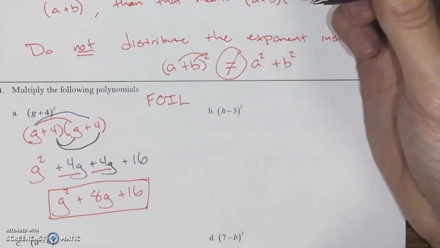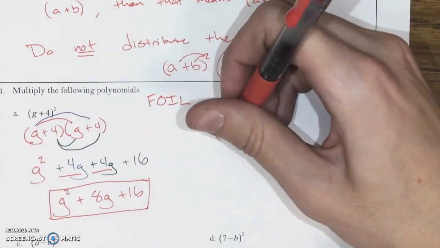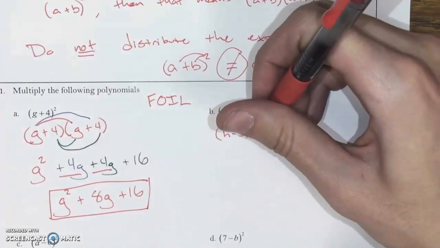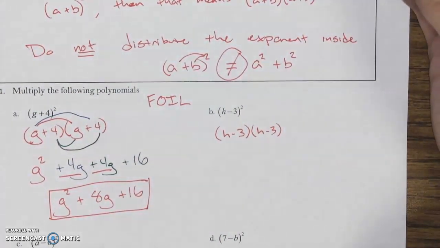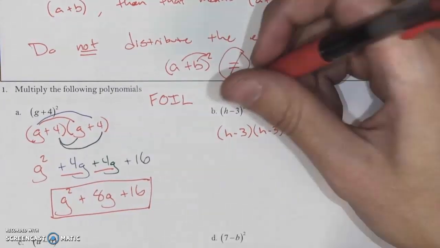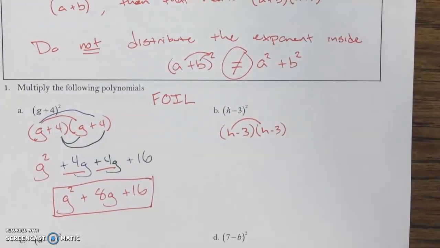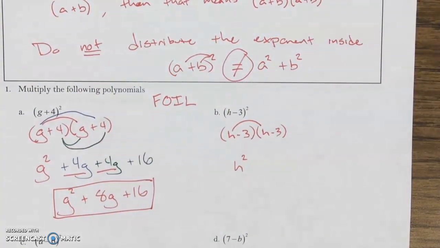Let's do another. Here we have h minus 3, quantity squared. Let's rewrite that, saying h minus 3 times itself twice. So we have h minus 3 times h minus 3. Always rewrite and expand this square. We then do FOIL again. So first, h times h is h squared.